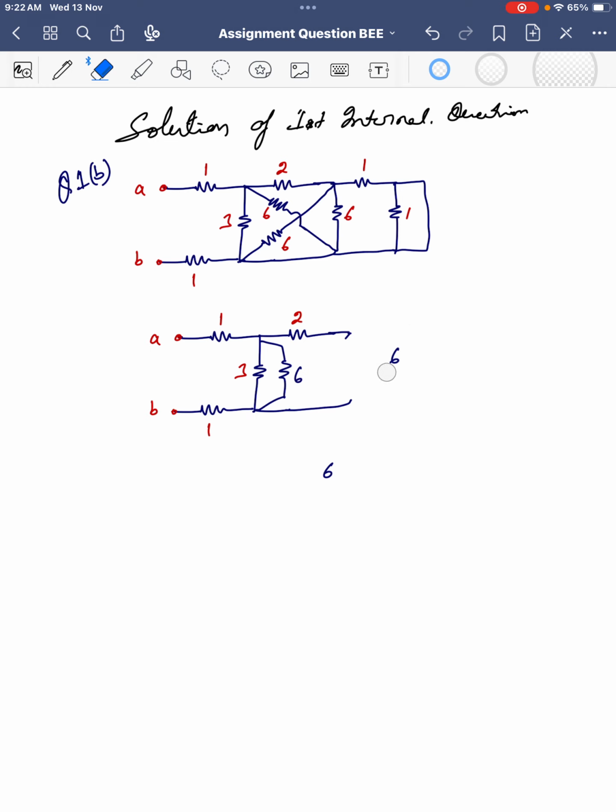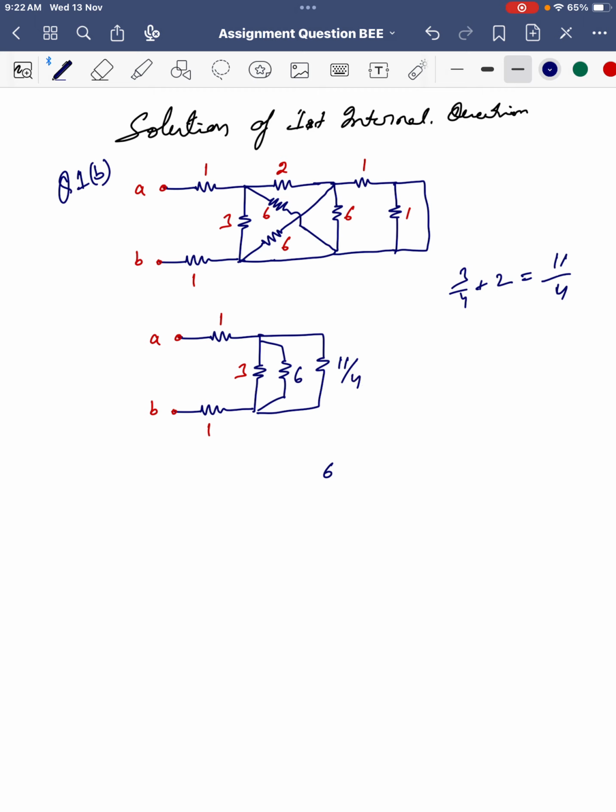So we remove this and draw it like this, 3 by 4. Now these two resistances are in series, so we can write 3 by 4 plus 2, that is 11 by 4. So we can remove it and make it like this, 11 by 4.